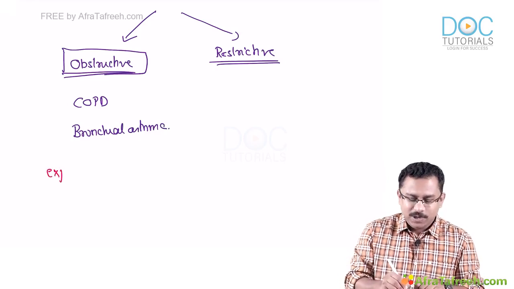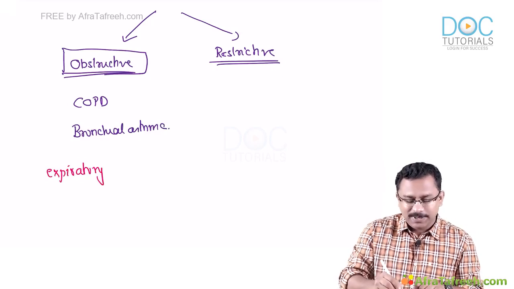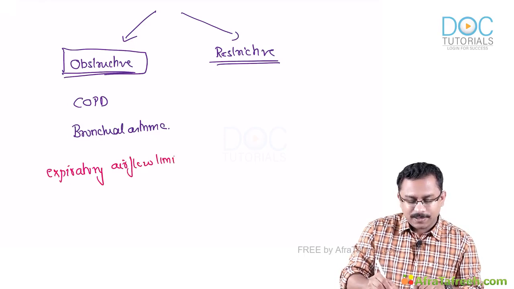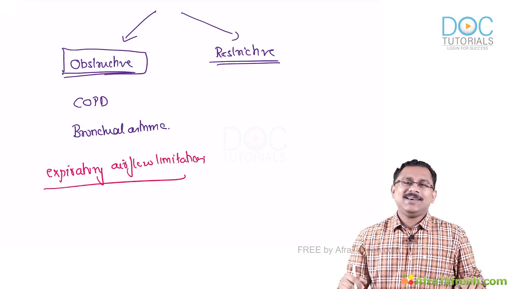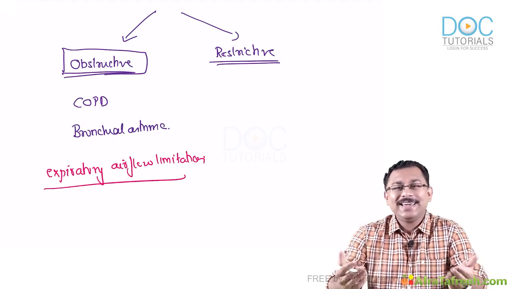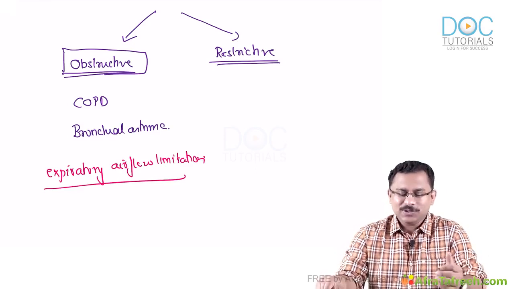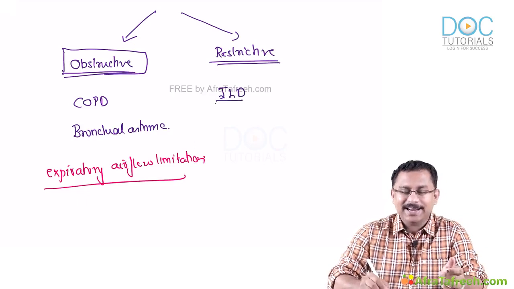So in obstructive lung diseases, the predominant problem is expiratory airflow limitation. Whereas restrictive lung disease is predominantly characterized by an inspiratory problem. The classical example of a restrictive lung disease is your interstitial lung disease, ILD.